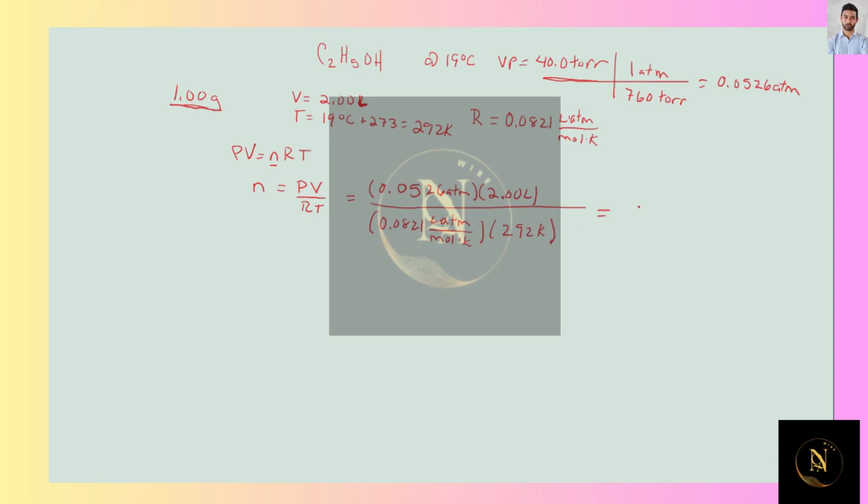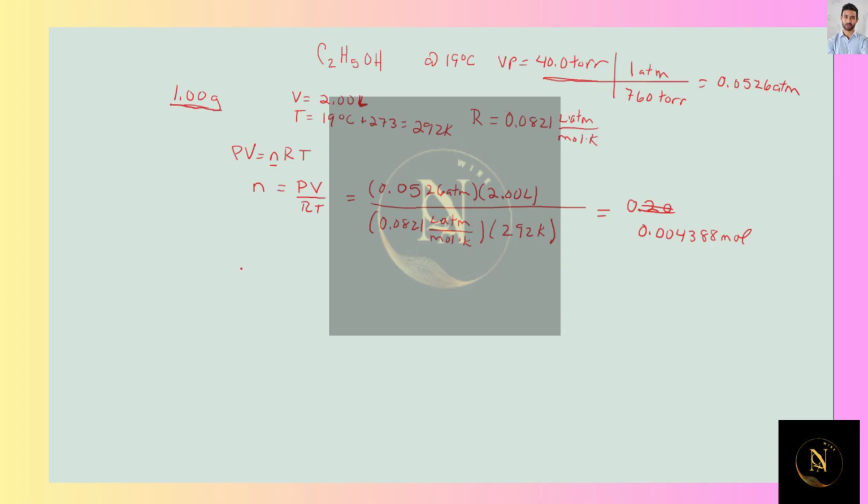And from that we find that we have 0.004388 moles of ethanol. I'm not going to round too much because we're in the middle of a problem here.